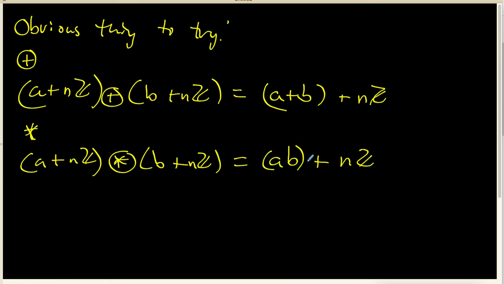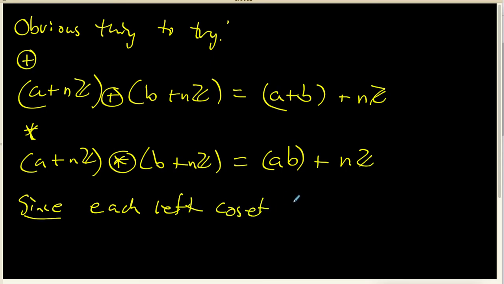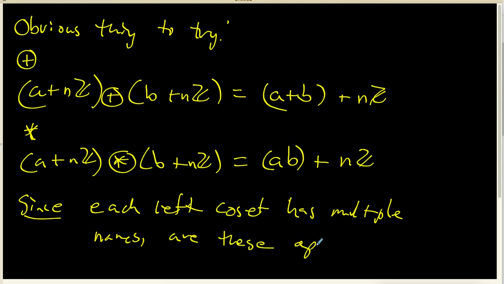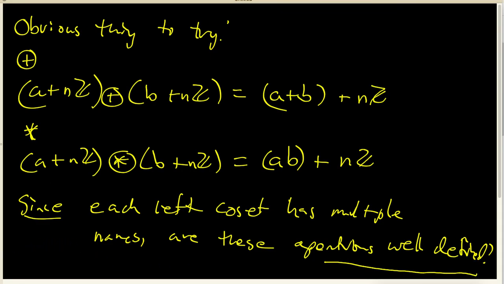Now, the big question that we have to look at is this. Since each left coset has multiple names, are these operations well defined? I want to tie this video up with what I mean by well defined.